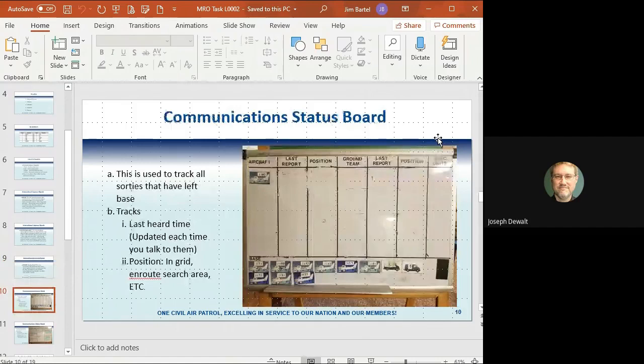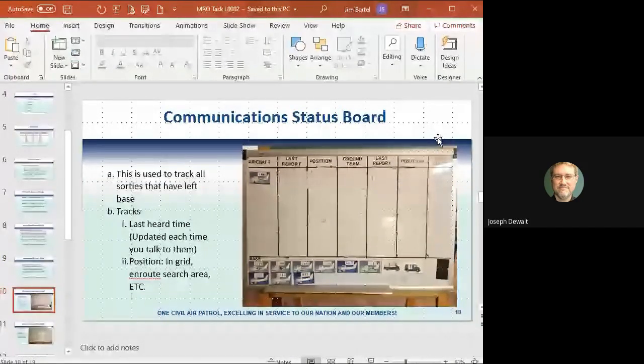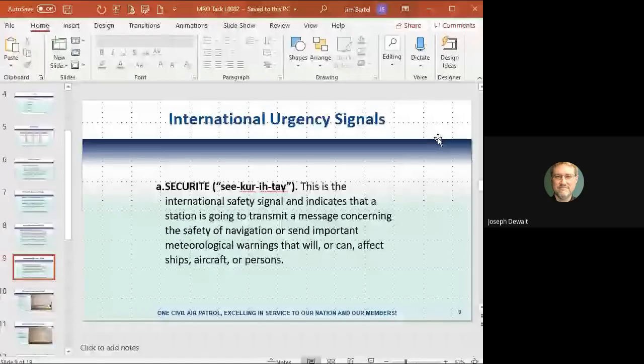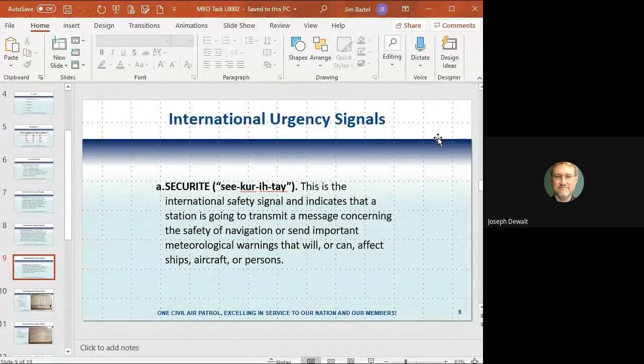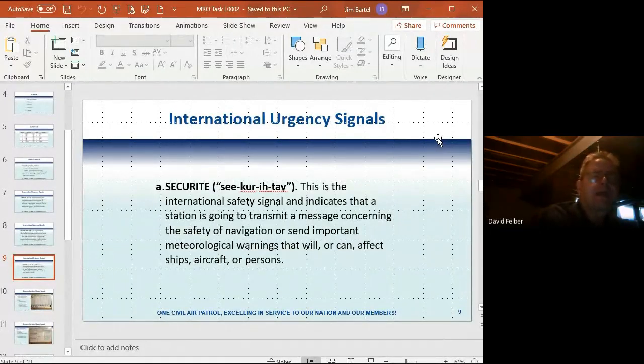Sir, yes, sir. I had one quick question. I'm confused on the pan because it seems to me that if it's only pan, would it not also be said just like Mayday, where you say Mayday, you don't say Mayday and you say Mayday. You've got pan, so it would seem to indicate you would say that 6 times. No, just pan, 3 times.